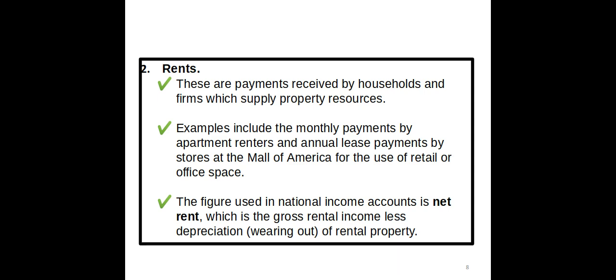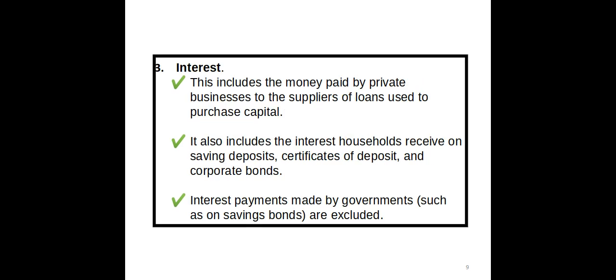Rent is payments received by households and firms which supply property resources. The easiest way to think about this is when a store pays rent for a space in the mall, or people rent out offices. Now, what we use is what's called net rent, so that takes depreciation of these spaces into account. Interest is money paid by private businesses to suppliers of loans used to buy capital.